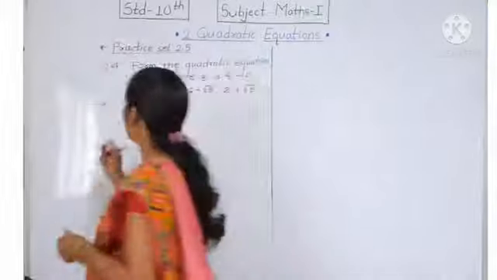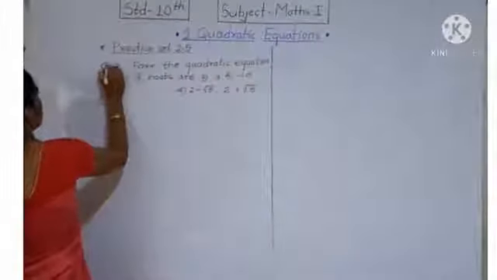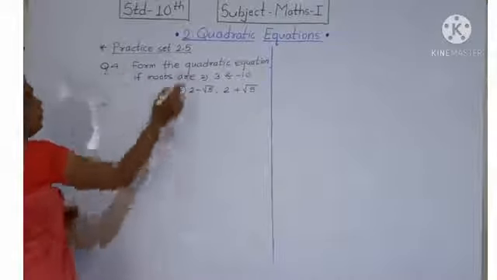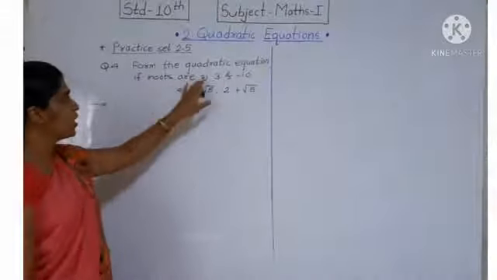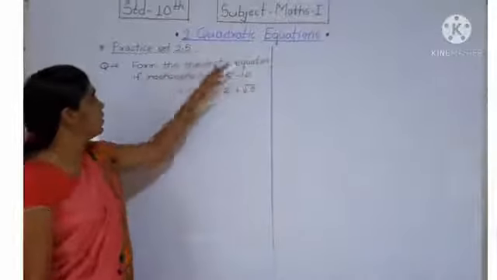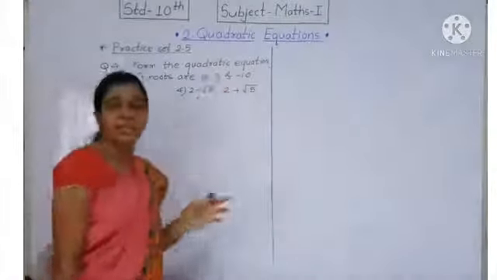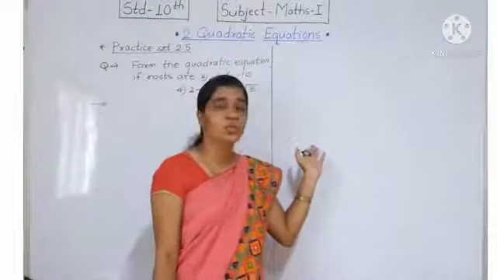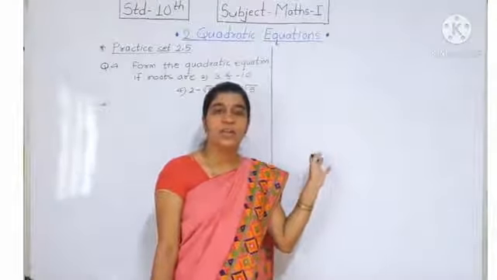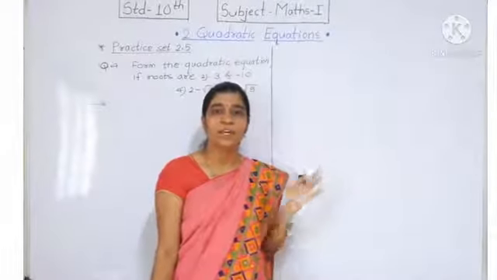Now see question 4. What is question 4 here? Form the quadratic equation if the roots are 3 and minus 3. We have to form a quadratic equation and the roots given are 3 and minus 3. We have just seen the formation of a quadratic equation. How will we find the quadratic equation if alpha and beta are the roots?